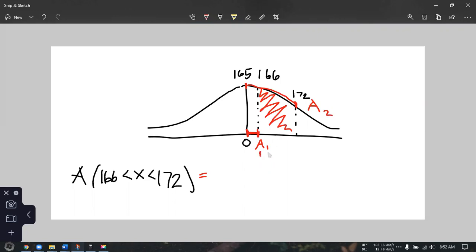Then how can we find 166 to 172? An idea? Anyone?